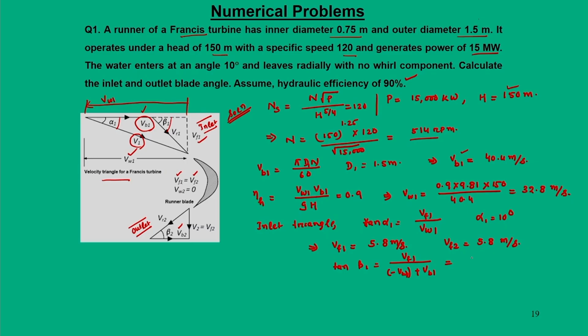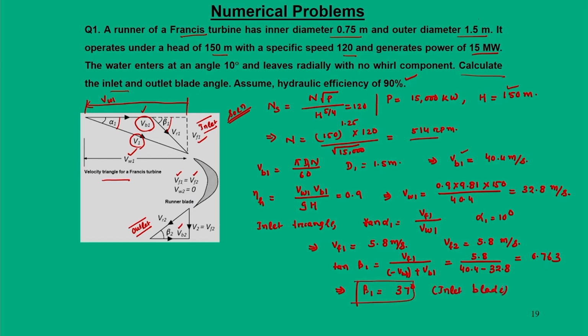So, considering this, we say 5.8 divided by 40.4 minus 32.8. So, this is 0.763. So, this will give you beta 1 as 37 degree. So, we have inlet and outlet blade angles. So, we have first beta 1 is 37 degree, it is the inlet blade angle.